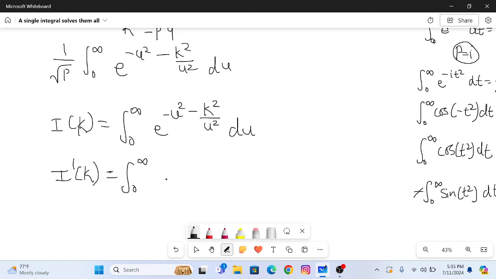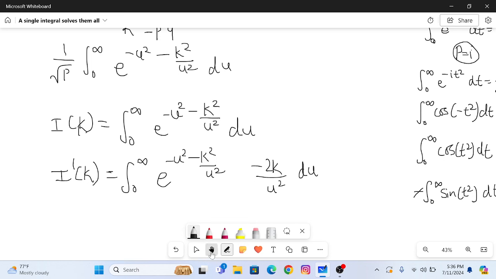Now since there is a function of e, it remains as it is, and nothing will happen to it. For this quadratic expression, first of all minus u square will be constant while differentiating with respect to k, and the second term we will have minus 2k by u square, and du will be as it is.